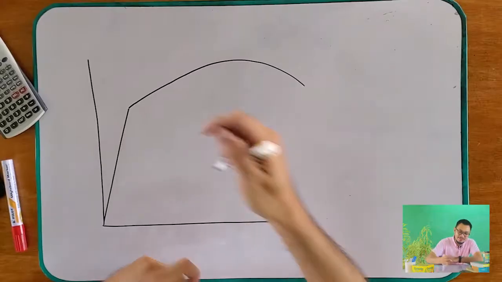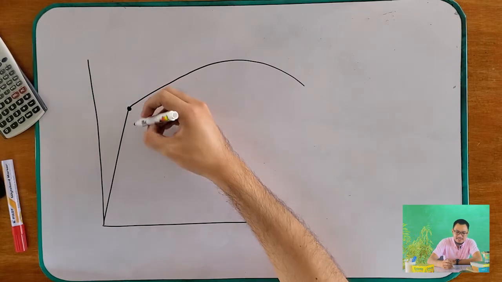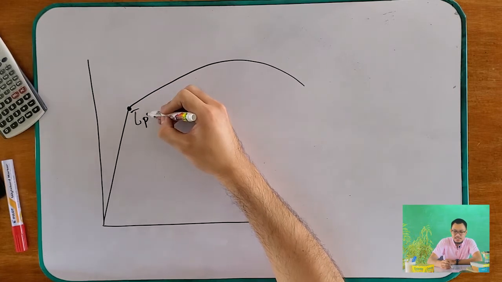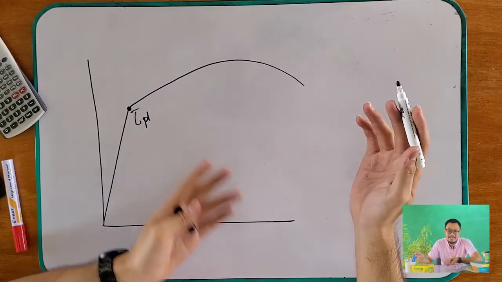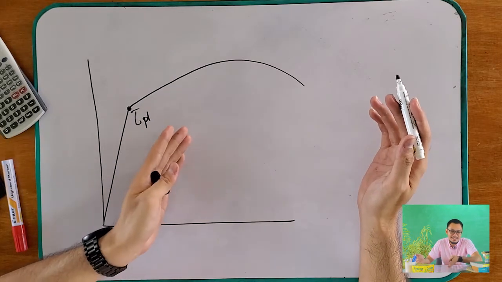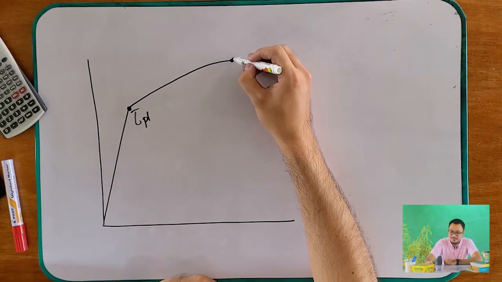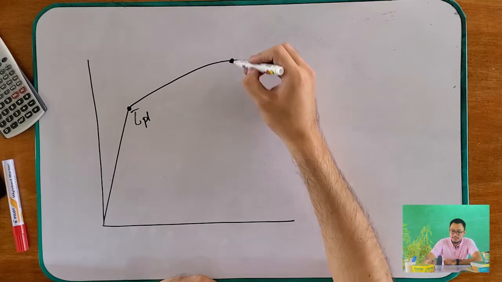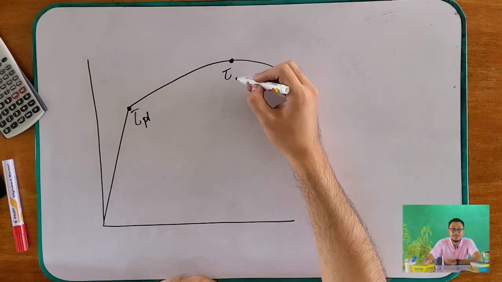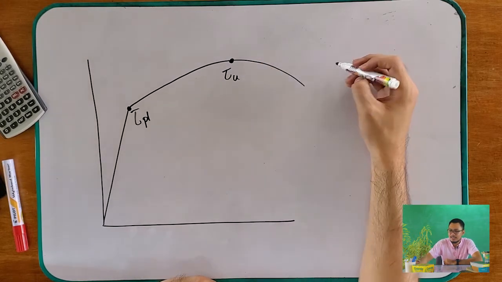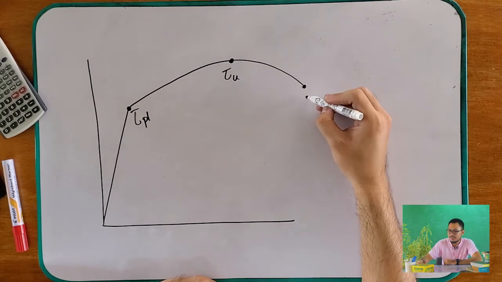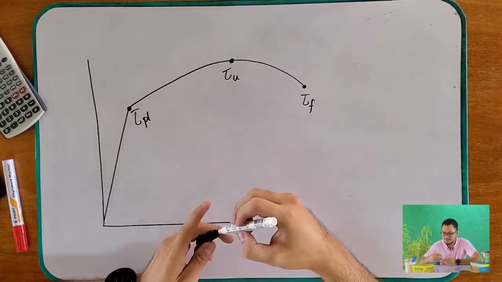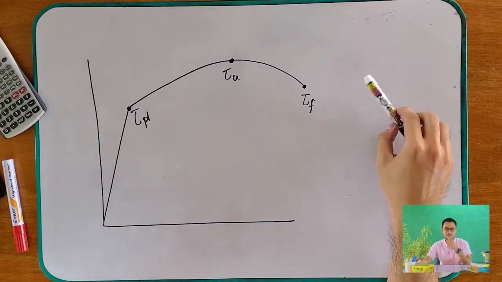So we still have this point, and this is your proportional limit. We have no elastic limit and no yield stress, but we have here your ultimate shear stress and your fracture shear stress. That's all.